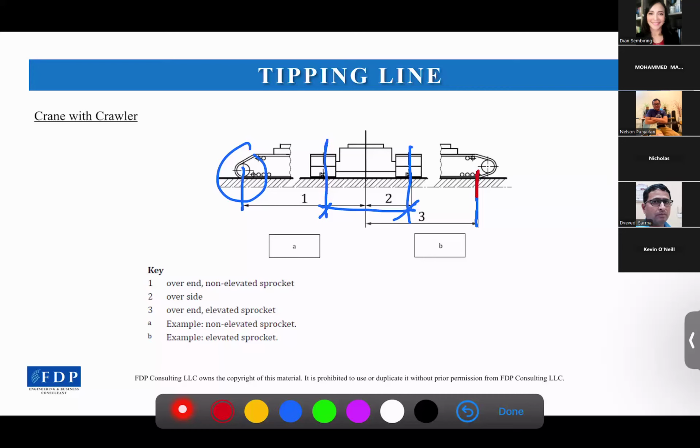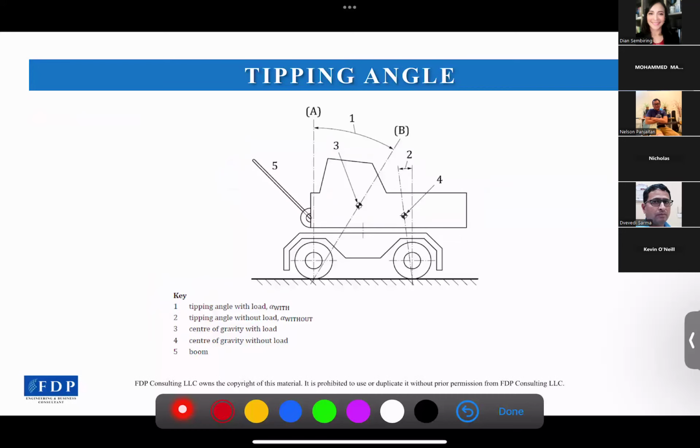Okay. Now we continue with the tipping angle. Tipping angle is an angle measured from the COG to the closest tipping point.